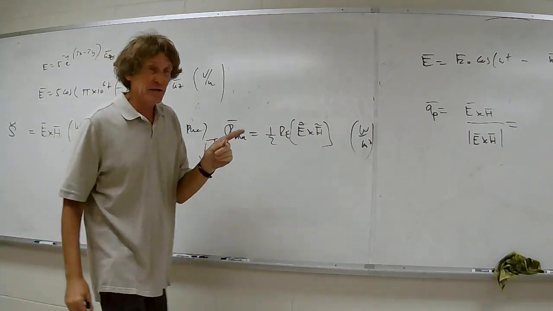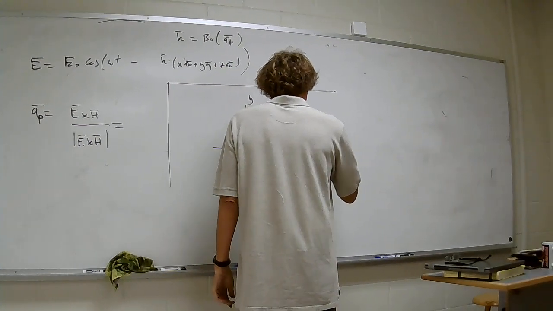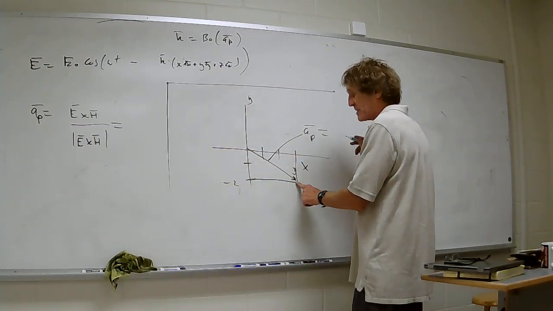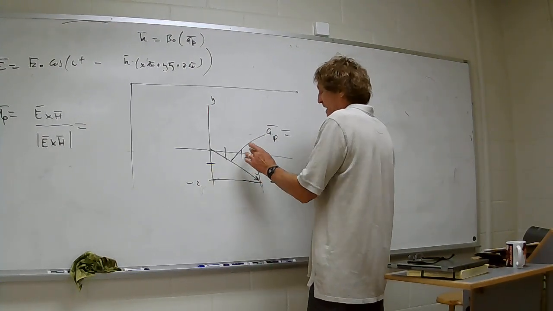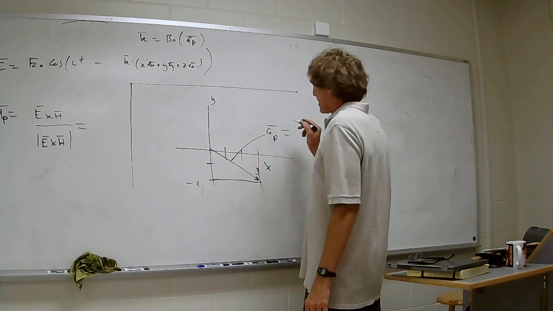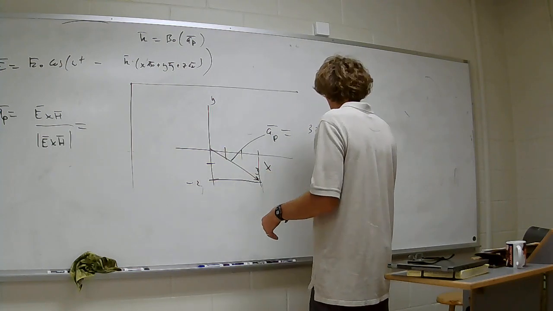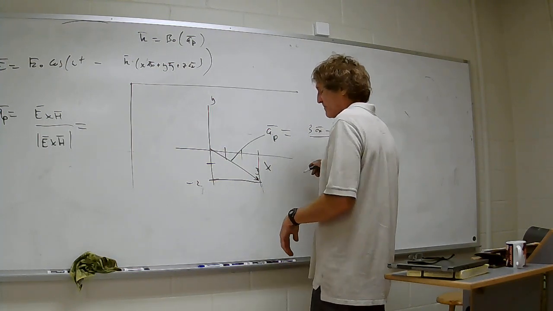Now, to get the unit vector in the direction of propagation, I need the magnitude of this. It's going to be 3ax minus 2ay over the magnitude of this thing.